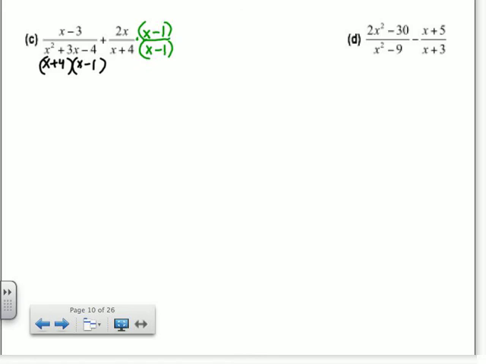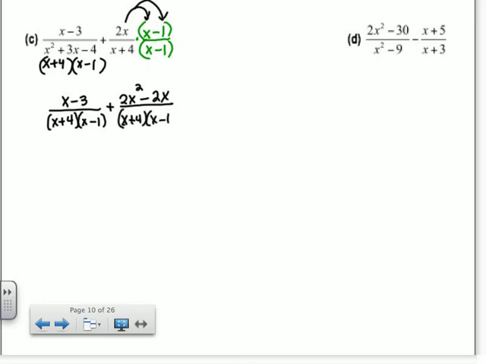Okay, so when I do that, I have x minus 3 all over x squared plus 3x minus 4, or you can leave it in its factored form. Sometimes it's nice to leave it in its factored form in case something reduces at the end. So we'll leave it. Plus 2x times x minus 1, so I'm going to distribute. So I'm going to get 2x squared minus 2x all over x plus 4 times x minus 1.